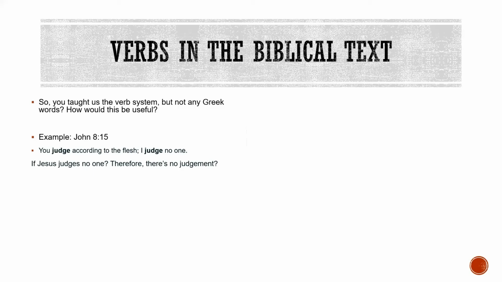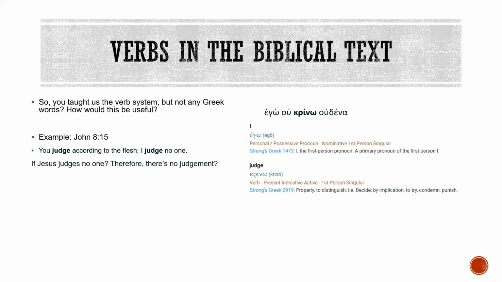So you find the Greek verse equivalent to it in Bible Hub, ego ou krino oudena. We will be concentrating on the second phrase here. Then we go further in Bible Hub by looking at the word itself, krino, which is bold in our text and is the second word down, judge.